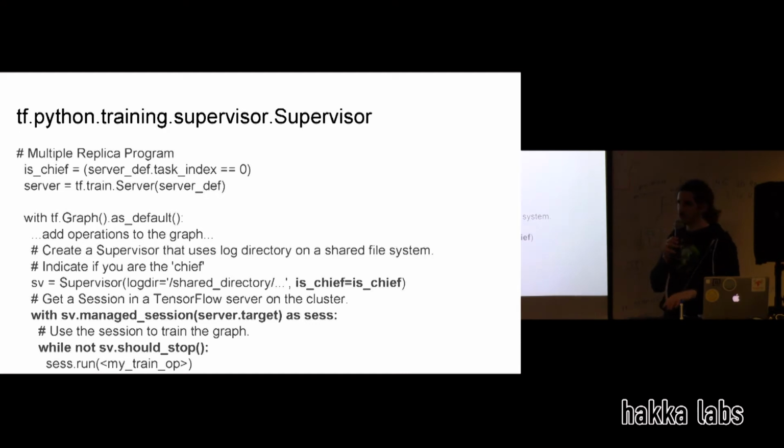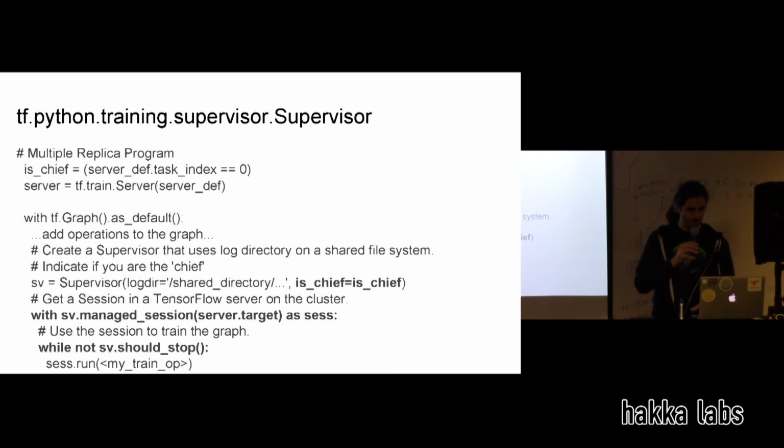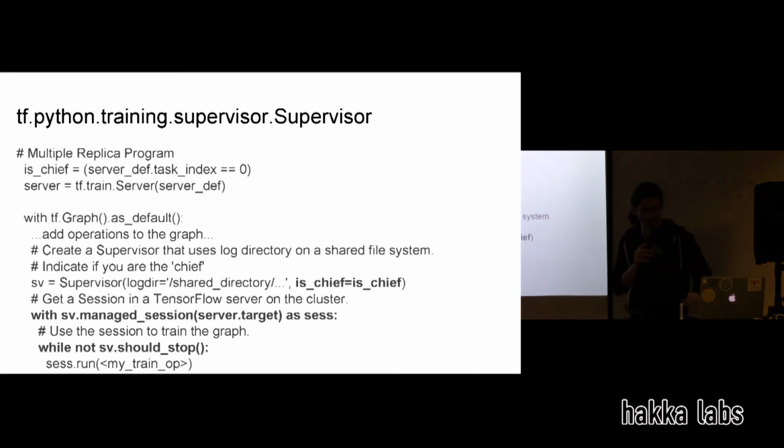So these are details that you have to go inside and try to play with. There is not much documentation about this, but it is very good to actually see how to use these classes. Yes. So wait, but if the chief dies? Yes, if the chief dies, you have already the checkpoints. If the chief goes down, you have to restart, saying, "Oh, the chief is the one that died." Okay.